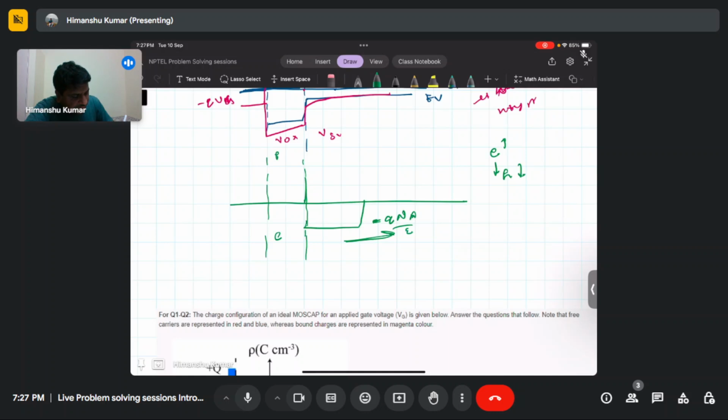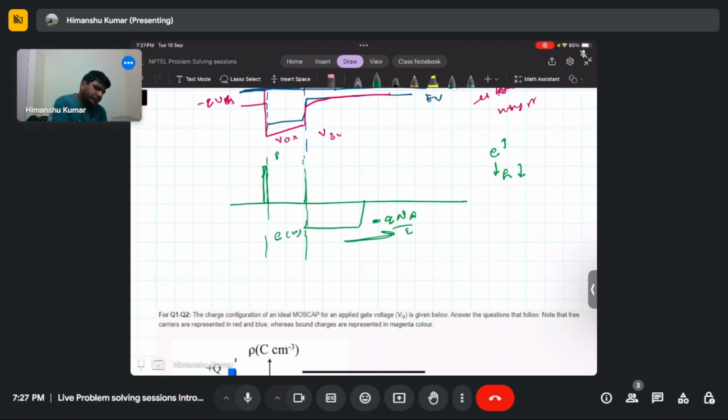This is the charge density at x, and at the interface there will be a positive charge.